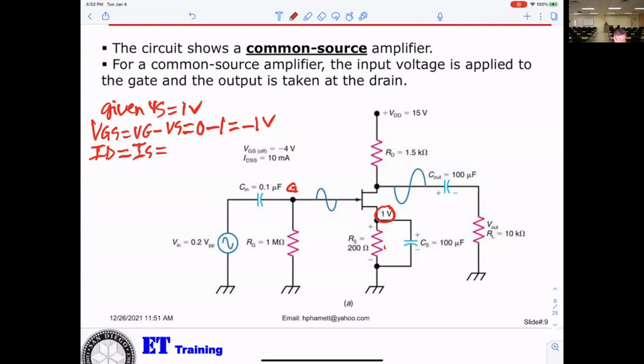They will be VF divided by IF. So on your calculator, you take 1 volt, 200, and hit the reciprocal button, and that's ID. So 1 volt divided by 0.2, what do you get? You get 5 milliamps.